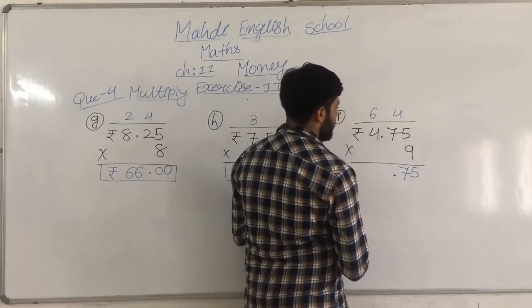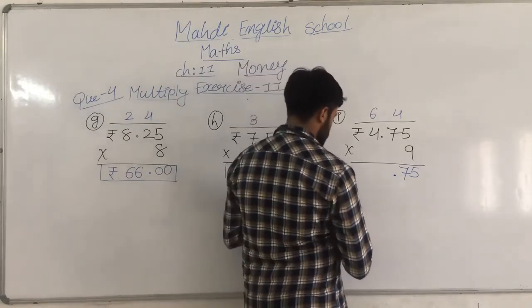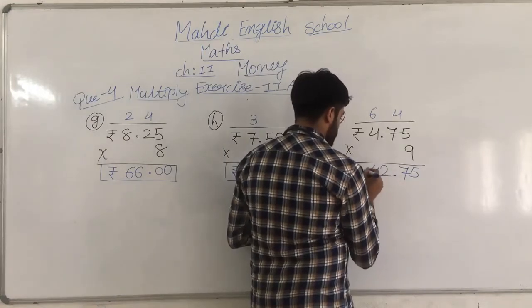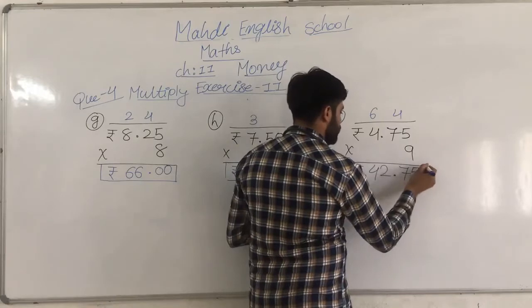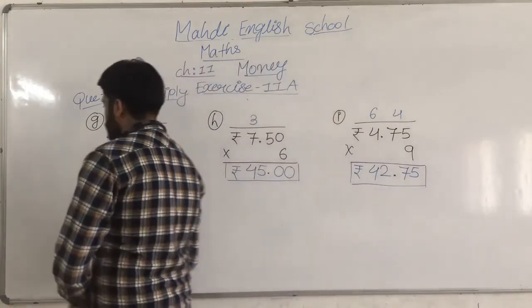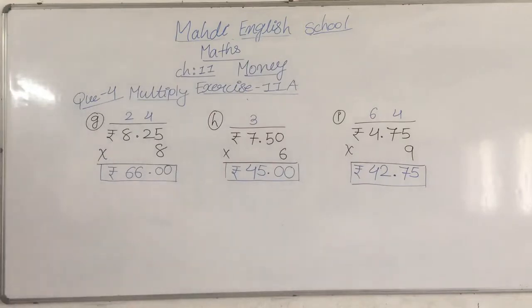So the answer is what? 42.75. 42 rupees and 75 paisa. Understood? You have to write down the small things in your book. 42 rupees and 75 paisa.